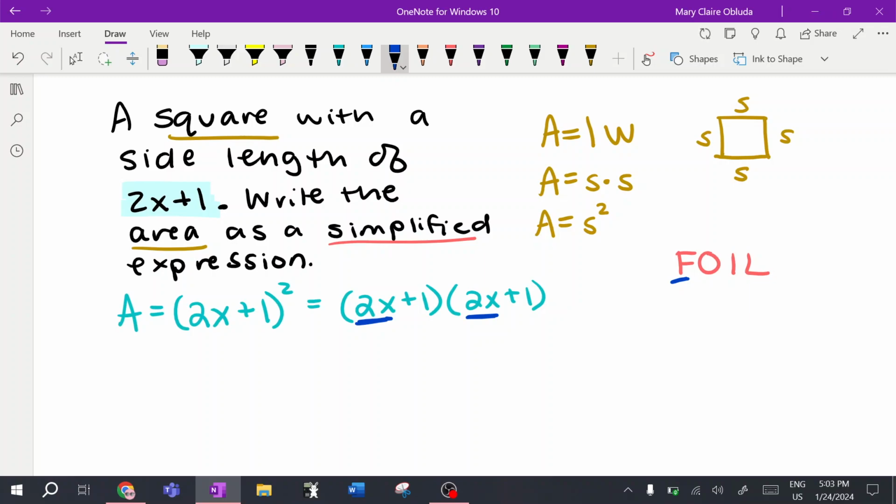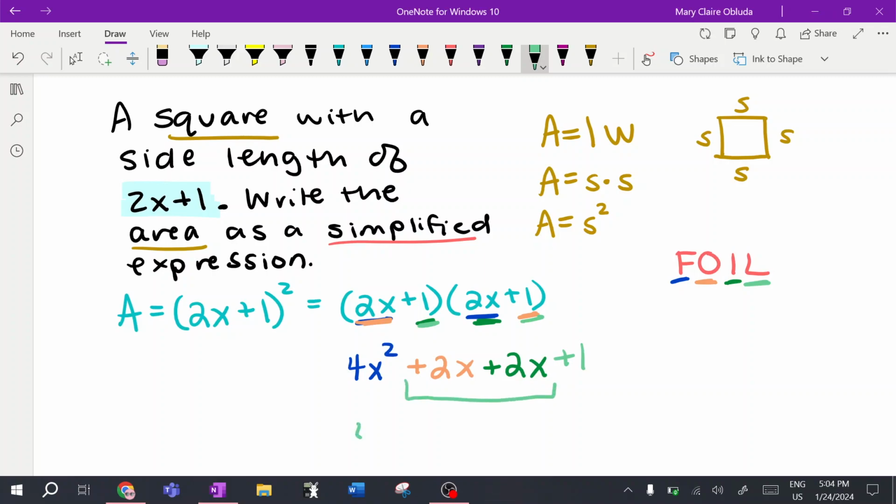We're going to get 4x squared. Now let's get our outer terms, 2x times 1, we're going to get plus 2x. We're going to take our inner terms, 1 times 2x, we get plus 2x. And we're going to take our last terms, 1 times 1. We're going to simplify right here and get 4x squared plus 4x plus 1. And there we have our area as a simplified expression.